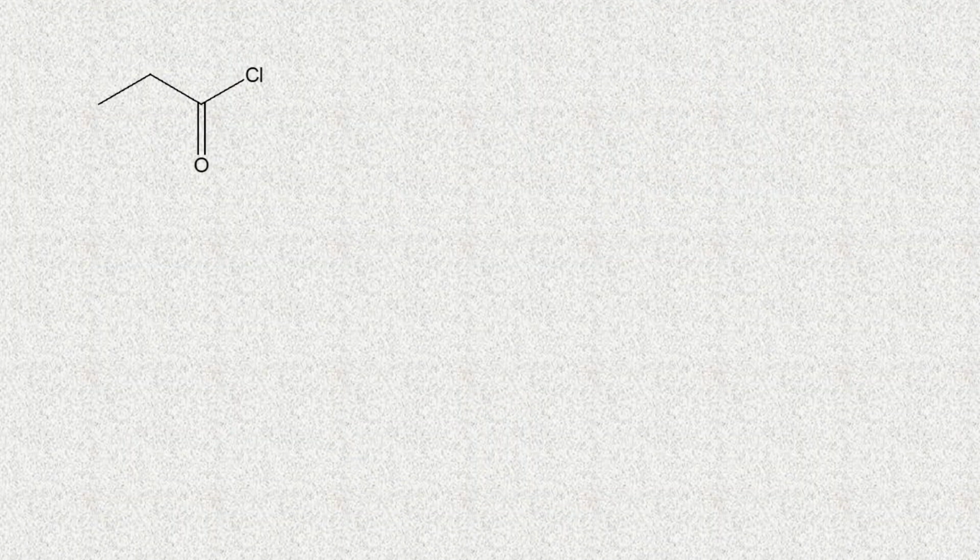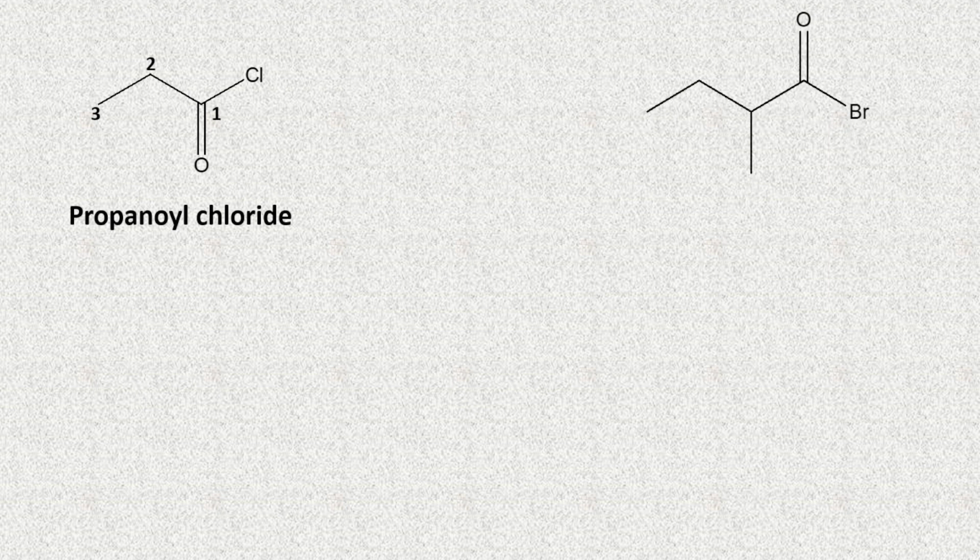In this compound, the numbering starts with the carbonyl carbon, so it is propanoyl chloride. In the second compound, there is a methyl substituent at position number 2, so it is 2-methyl butanoyl bromide.